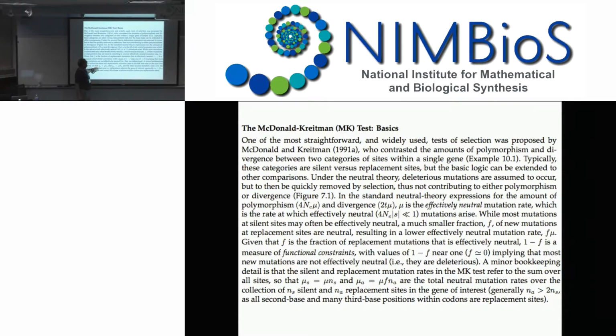So what you're left with then is when a mutation arises, the silent sites have almost all those mutations being effectively neutral, but a much smaller fraction, f, of new mutations in the coding regions, the replacement sites I should say, are neutral. So mu is the neutral mutation rate at silent sites. f times mu is the effectively neutral mutation rate at replacement sites.